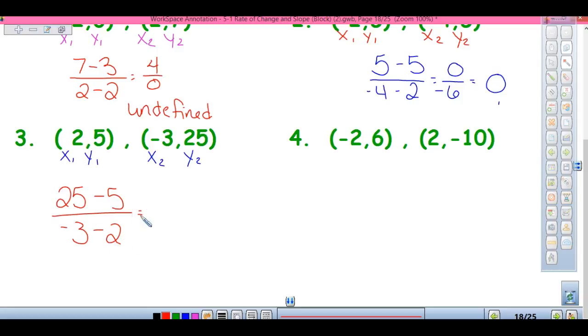So on the top we get what? 20 divided by negative 5. Nope, just negative 4. You just leave it as that whole number. Yes, ma'am? No. It would be if they were right next to each other, so like minus a negative.